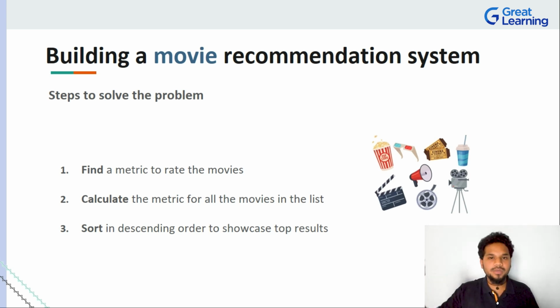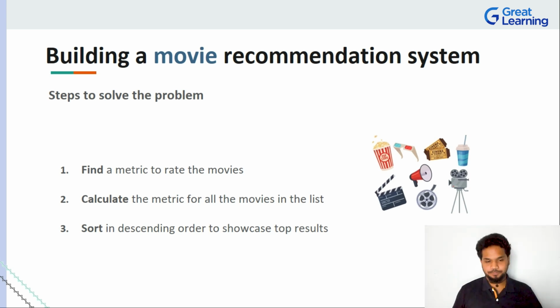So what we try to do is very simply arrange everything in descending order. That way, the movies of the highest rating will be at the first, and whichever has the lowest rating will be at the last rather than the first. This is a very simple arrangement, but these are some of the steps that we are going to take to solve this problem. Correct?